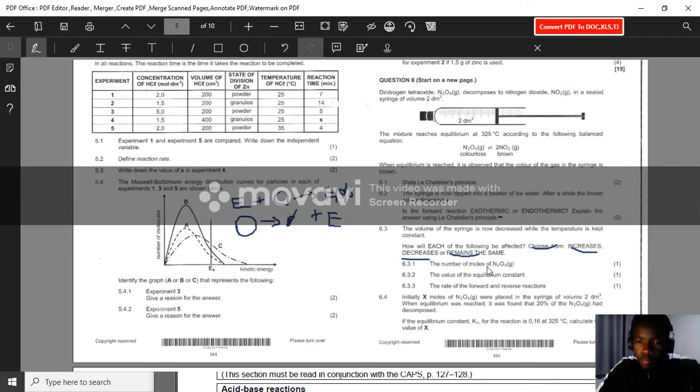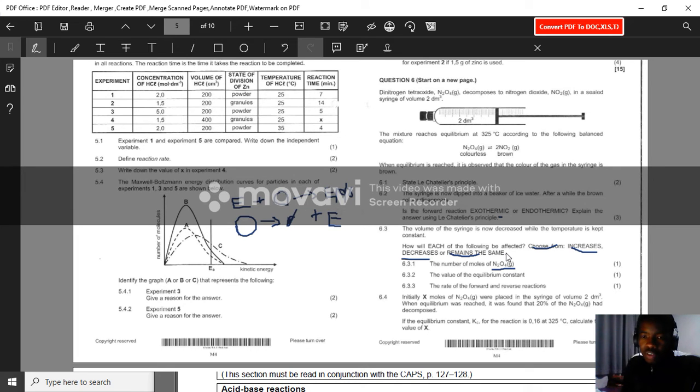Let's look at the number of moles of dinitrogen tetraoxide. So the number of moles of this, will it decrease, increase, or remain the same? The answer is it will remain the same, because when you are changing the volume at which something is contained, it does not mean that you are changing the number of moles.